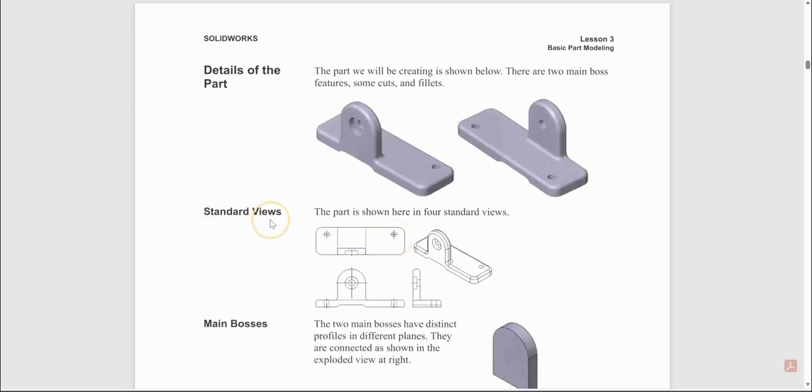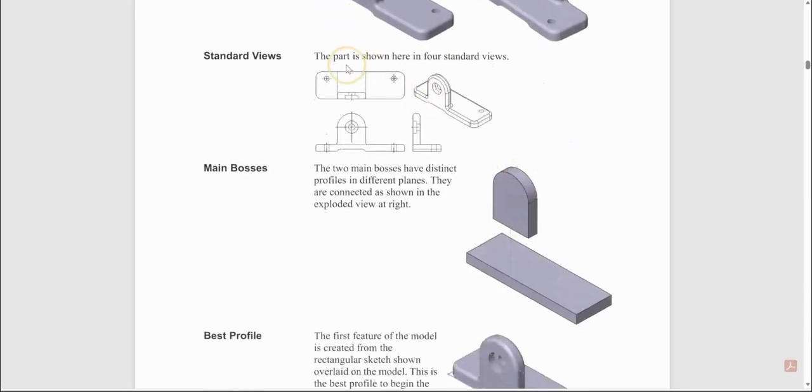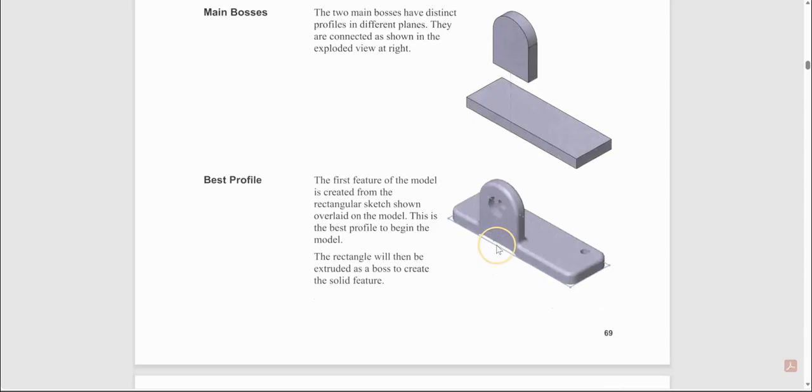All right, taking a look at what we're going to create in this lesson, you can see the part here from the front, here from the back. Standard views with an isometric, and then we've got a top, a front, and a right side view. The main bosses, you can see, is a large rectangle, and then this other shape, and we're going to merge those together.